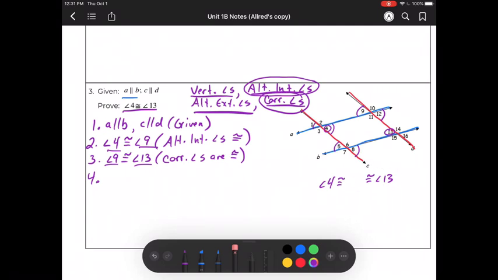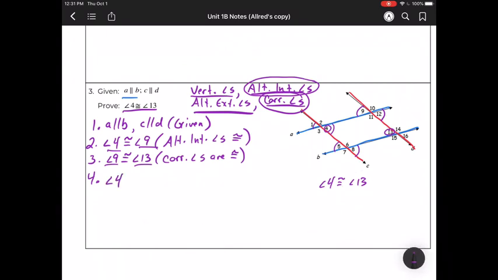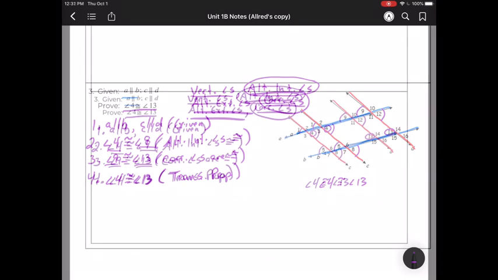And so we can get rid of that middle angle relationship and say that angle 13 and 4 are congruent because they're congruent to the same angle 9. So I can say angle 4 is congruent to angle 13, which is what I was trying to prove, because of the transitive property. And that finishes that proof.